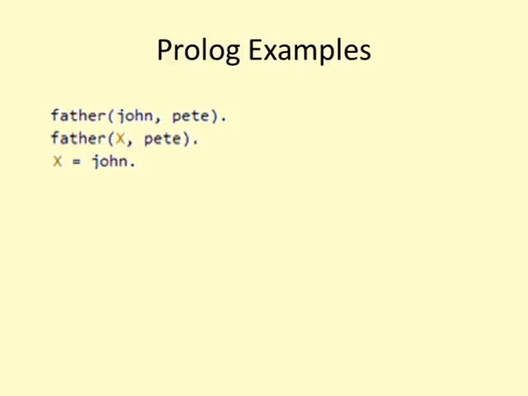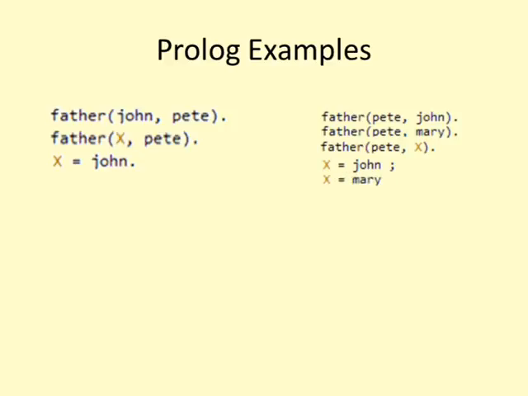Another example is father(pete, john) and father(pete, mary). We can ask who are the children of Pete by writing father(pete, X). This query has two possible answers, so when Prolog gives the first answer X = john, we press semicolon and Prolog gives another answer, X = mary.